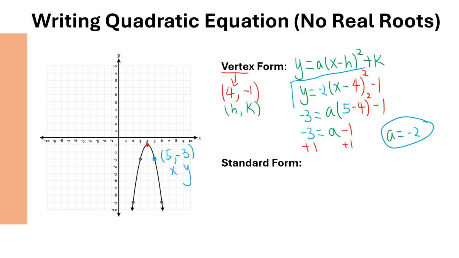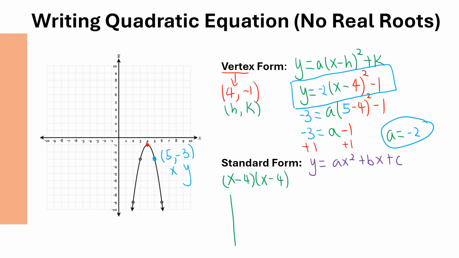And this is the equation for this parabola in the vertex form. To write it in the standard form, which is y equals ax squared plus bx plus c, I can expand or multiply (x minus 4) squared out. (x minus 4) squared simply means that you're multiplying x minus 4 by itself 2 times.